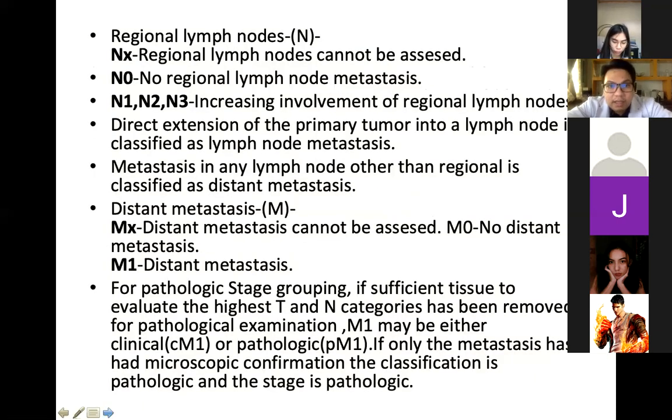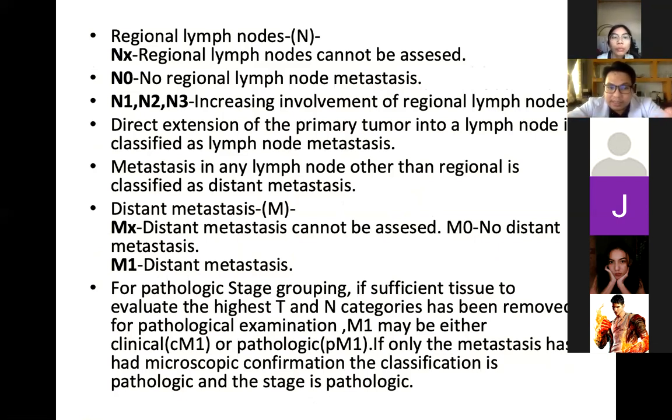For N, the lymph nodes, it can be graded from NX, it cannot be assessed, N0, no regional lymph node metastasis, and N1 to N3, or increasing involvement of the regional lymph node metastasis. For M, distant metastasis, dalawa lang, MX and M1.